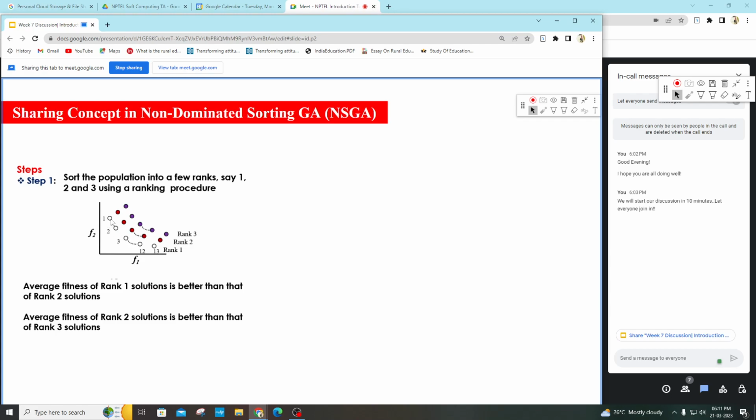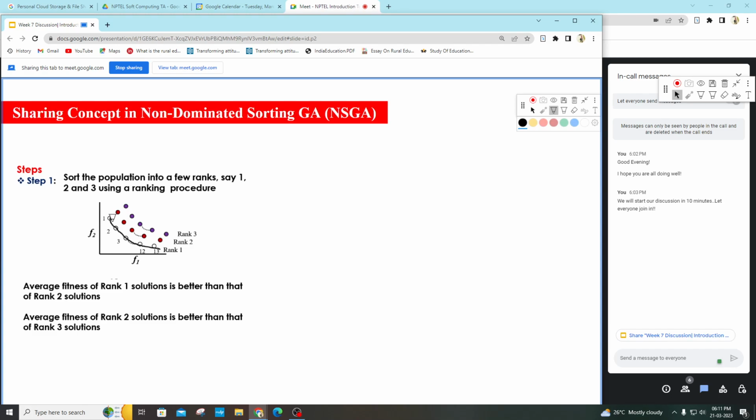A front is a locus of points where neither of the points is dominating the other. Like if this is a front, let me show you by this line, points 1, 2, 3, up to 12, and then 13. In this front, no point is dominating any other point.